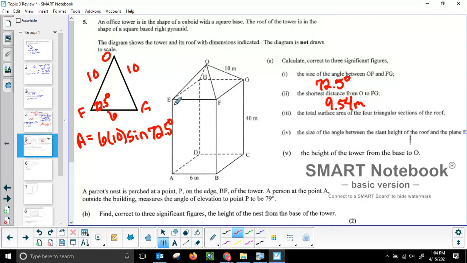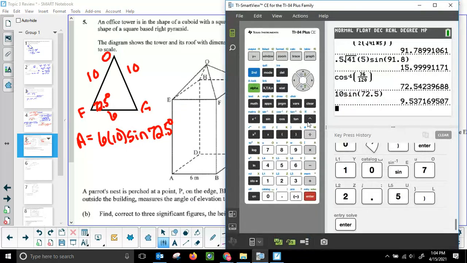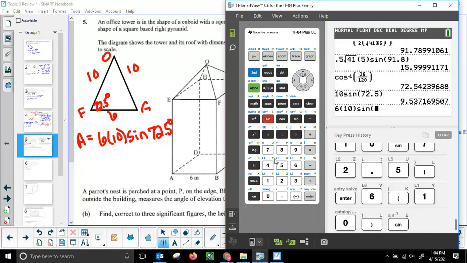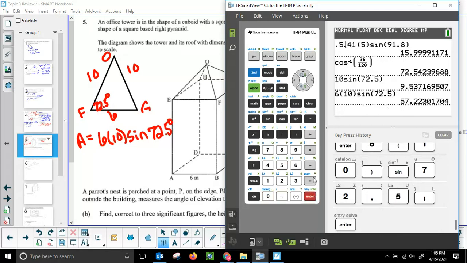So we go ahead and do that in our handy dandy calculator. And we get 57.223, all of that. Now, because this is a right pyramid with a square base, all of these faces are the same.